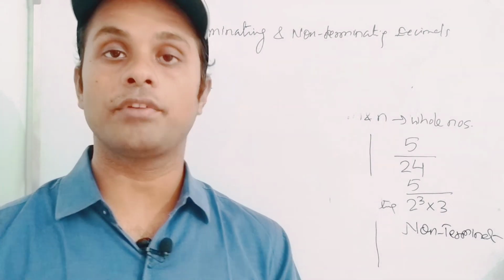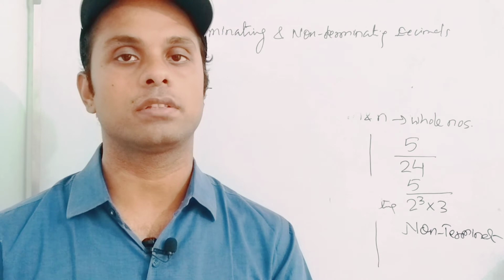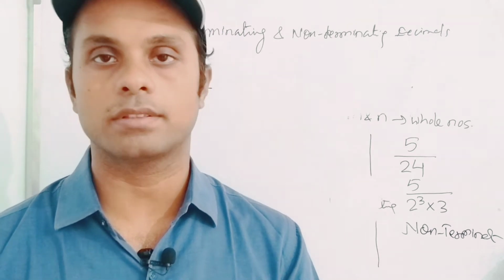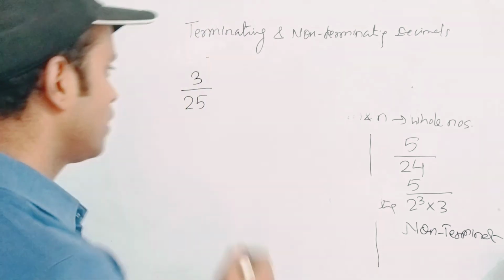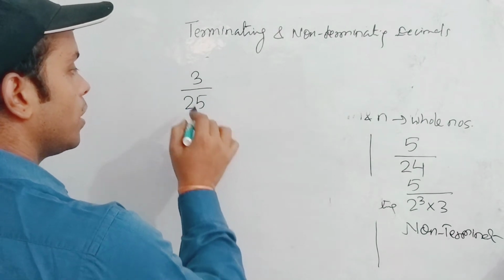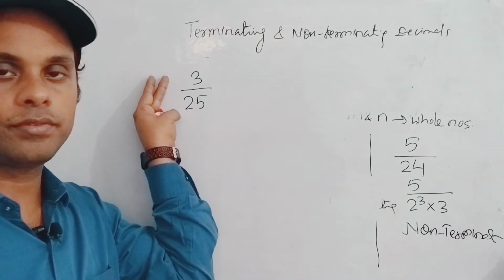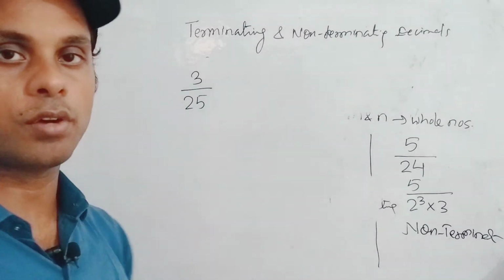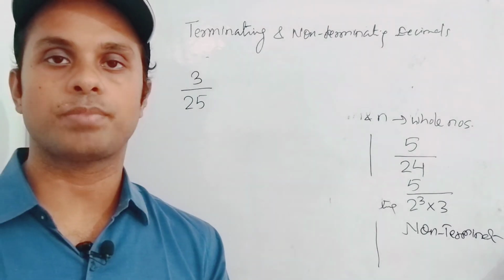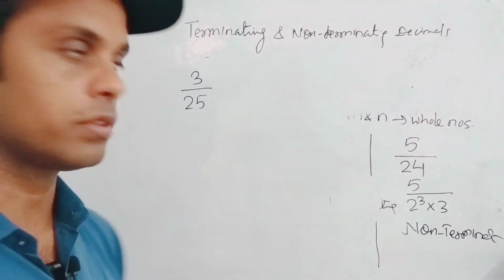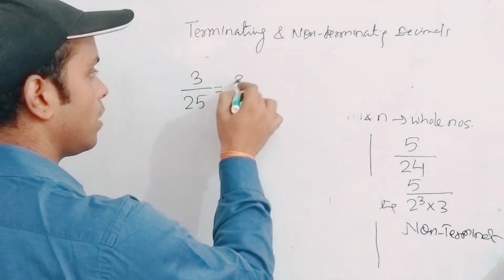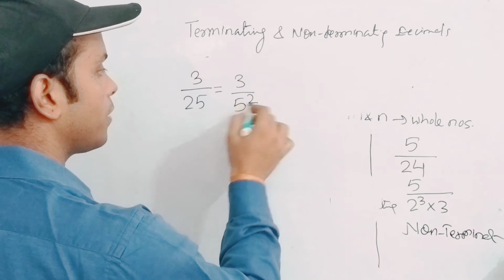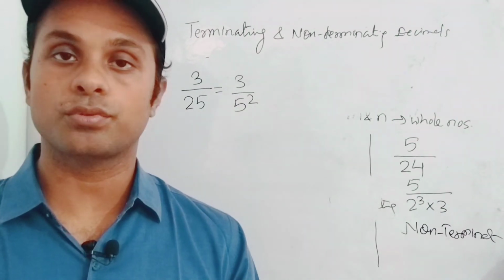So there is another way to decide the number of digits in its decimal expansion. Let's check how to do it. First of all, you check if it is in the simplest form. Yes, it is in the simplest form. So now what to do? Next is prime factorization of the denominator. The prime factorization of 25 is 5 square.